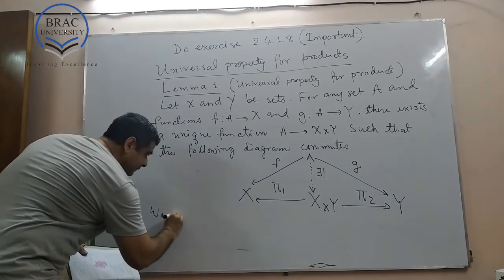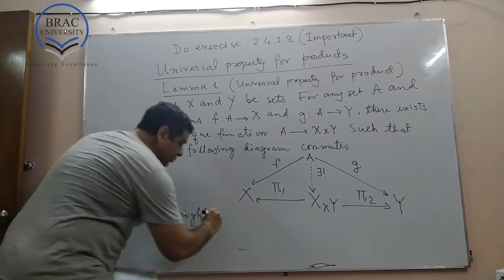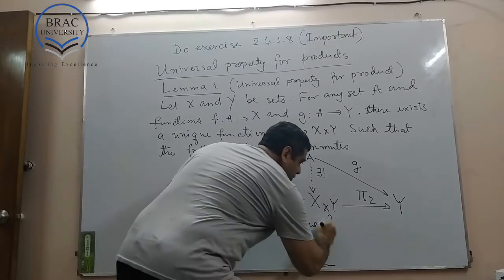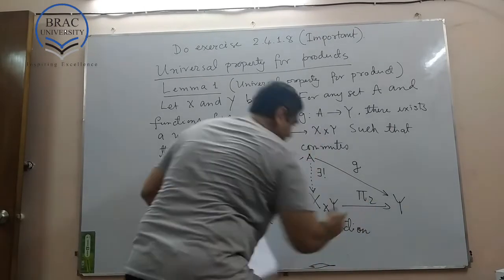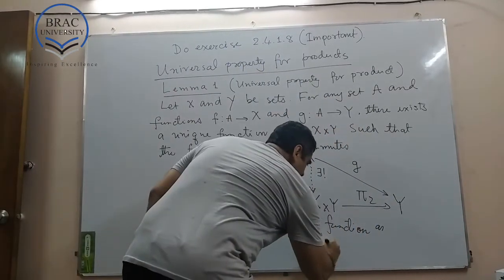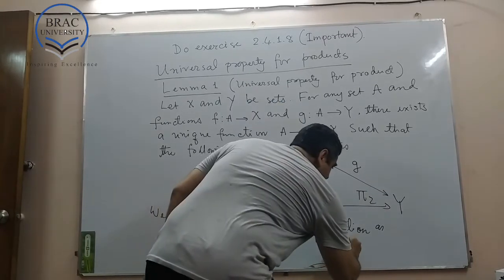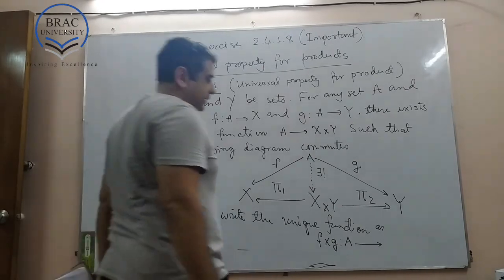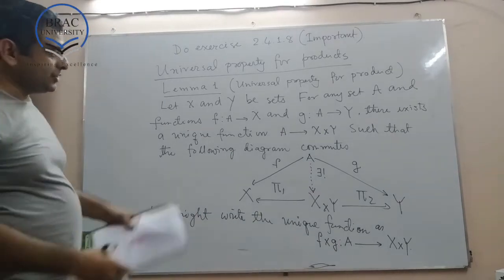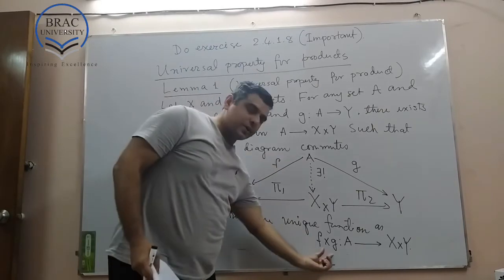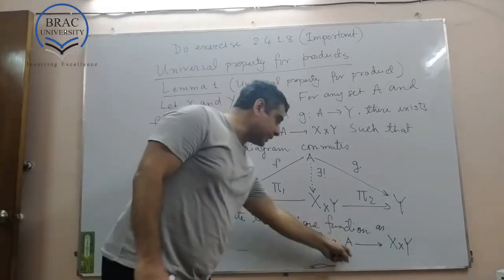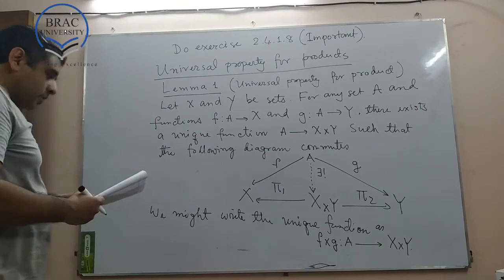We might write the unique function as f cross g, which is a map from A to X cross Y. So this unique arrow that we are looking for is denoted by f cross g, which maps A to X cross Y. This is something that we need to define in our proof.